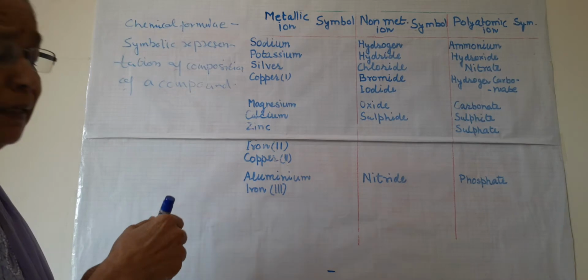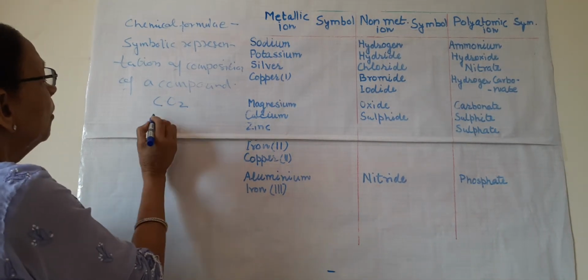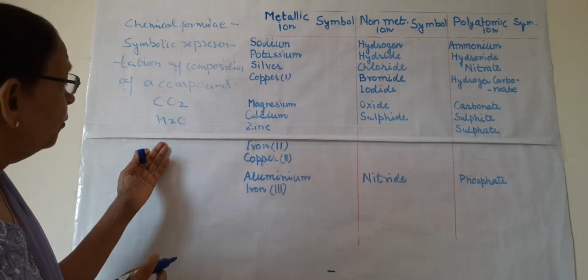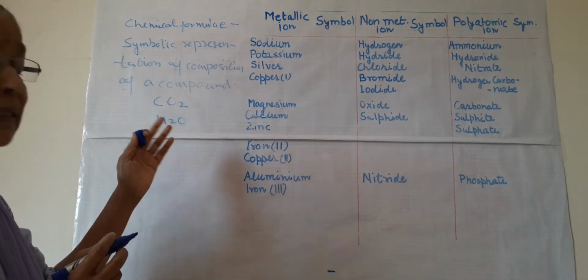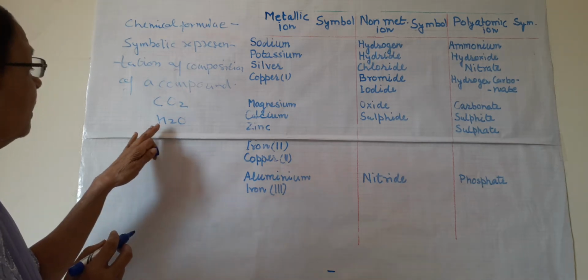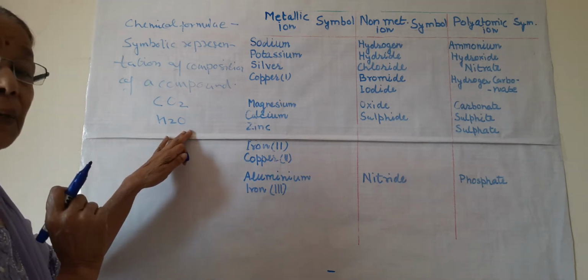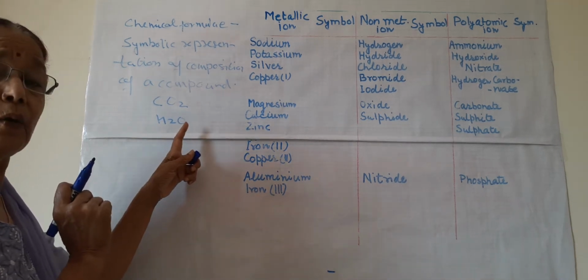What does it mean? Suppose we have carbon dioxide or we have water. This is the name of the compound, and for water, what is the symbolic representation? This is the chemical formula of water and the name of the compound is water. So what is the chemical formula? It is the symbols of hydrogen and oxygen.